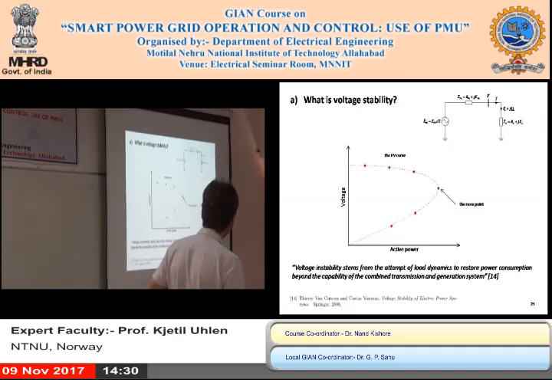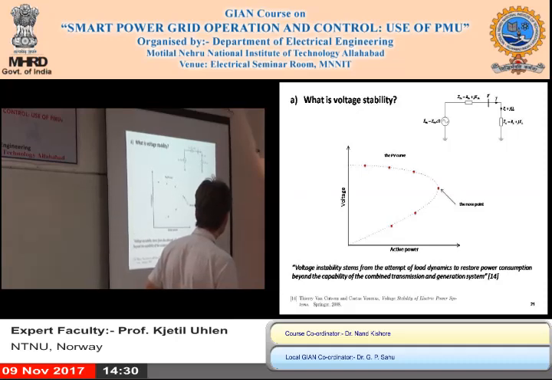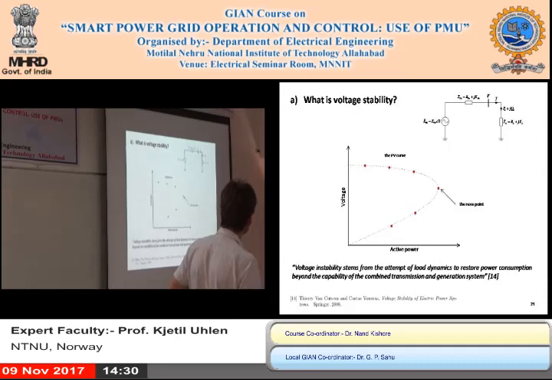So some formal definitions of voltage instability say that it stems from the attempt of load dynamics to restore power consumption beyond the capability of the combined transmission and generation system.